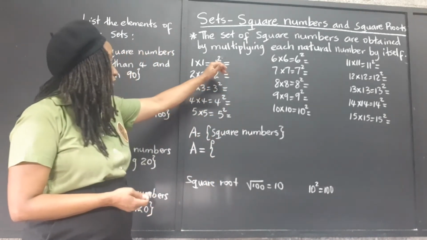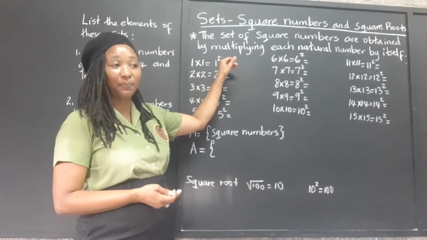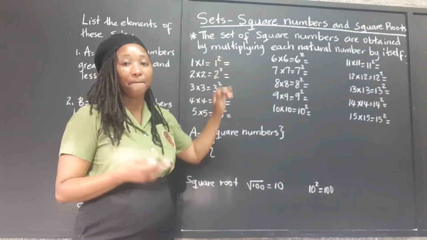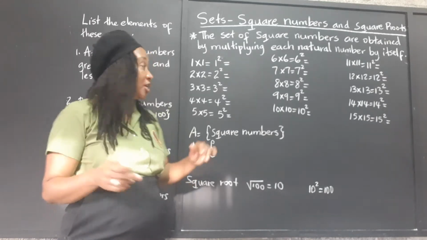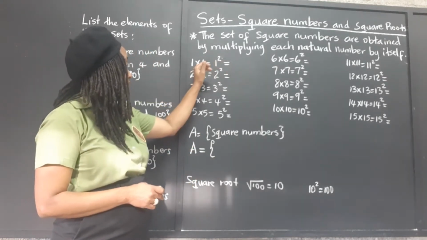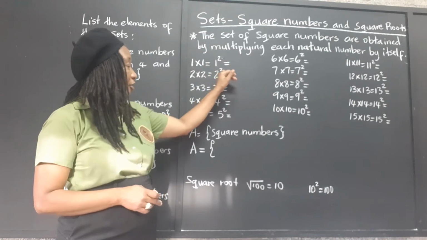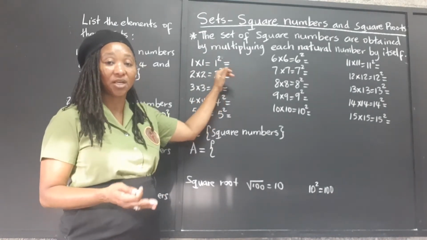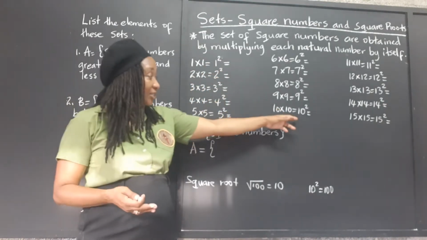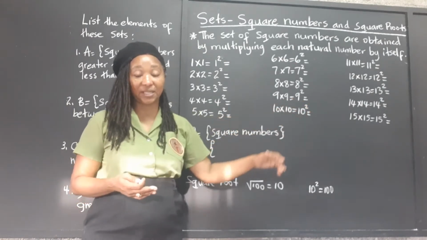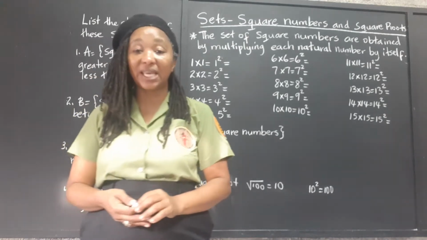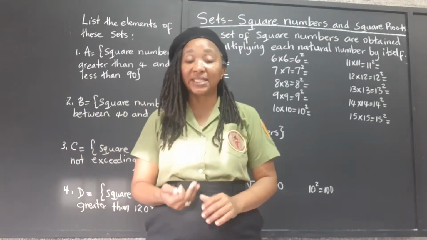This number tells us how many times we're going to multiply the base number by itself, not by 2, by itself. So 1 squared means 1 times 1, 2 squared or 2 to the second power means 2 times 2, 10 squared or 10 to the second power means 10 times 10. And that's how we obtain our set of square numbers.